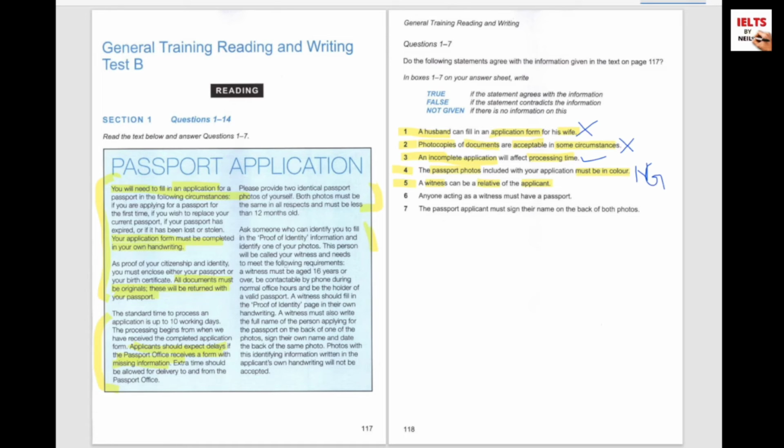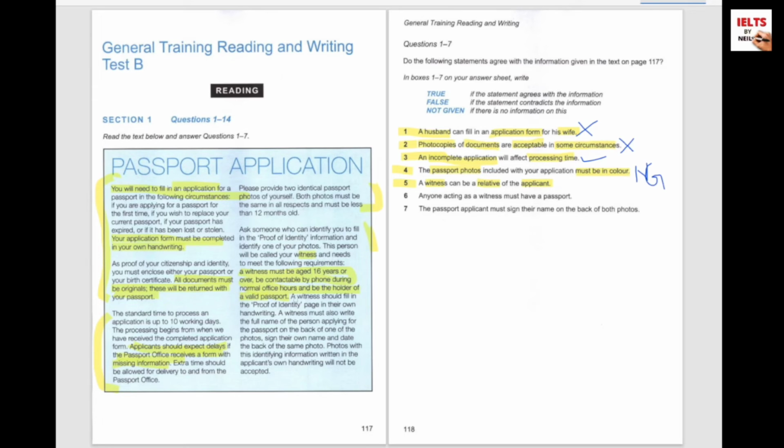This person will be called your witness. So we find the keyword here, and needs to meet the following requirements. A witness must be aged 16 years or over, be contactable by phone during normal office hours, and be holder of a valid passport. Okay, so these are the conditions of a witness here. So nothing is mentioned about the relative or anything.